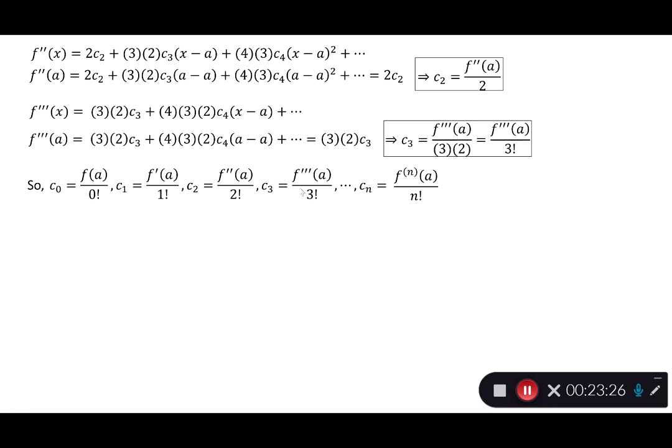Let's recap exactly. We were trying to figure out how to write a function f of x as a power series. And what we needed to do was find the constants. The moment we find the constants c0, c1, c2, c3, we are done. We have found a power series representation of the function.